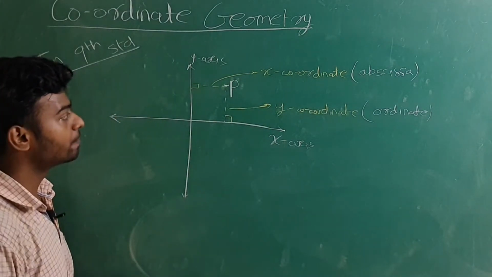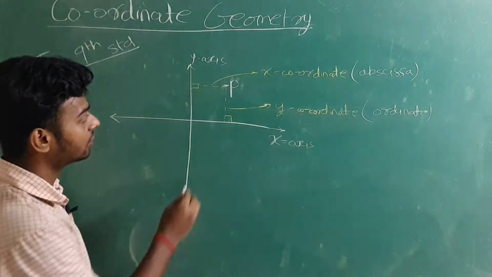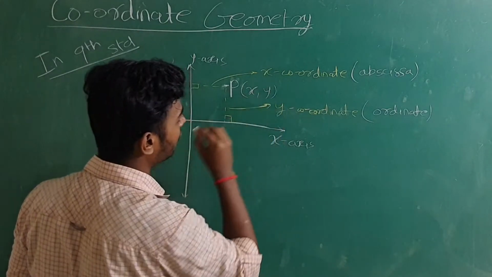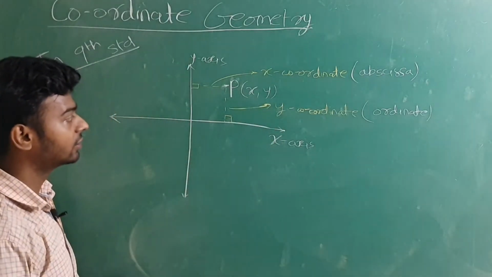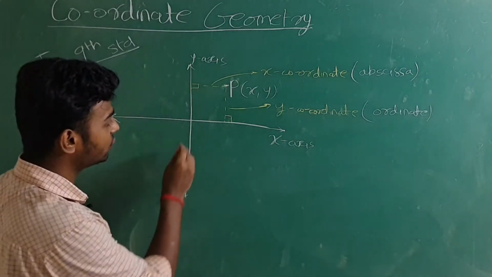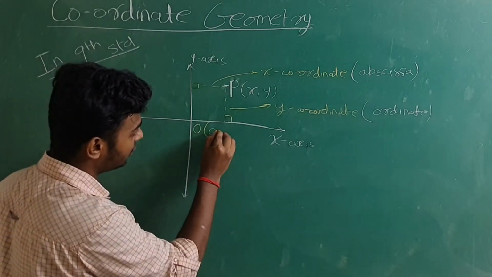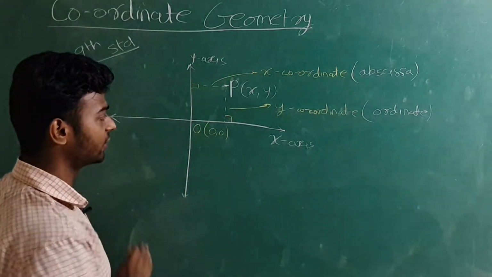So now the coordinates of point P become (x, y). You also know that the intersection of coordinate axes is known as the origin, whose coordinates are (0, 0), which is always fixed.